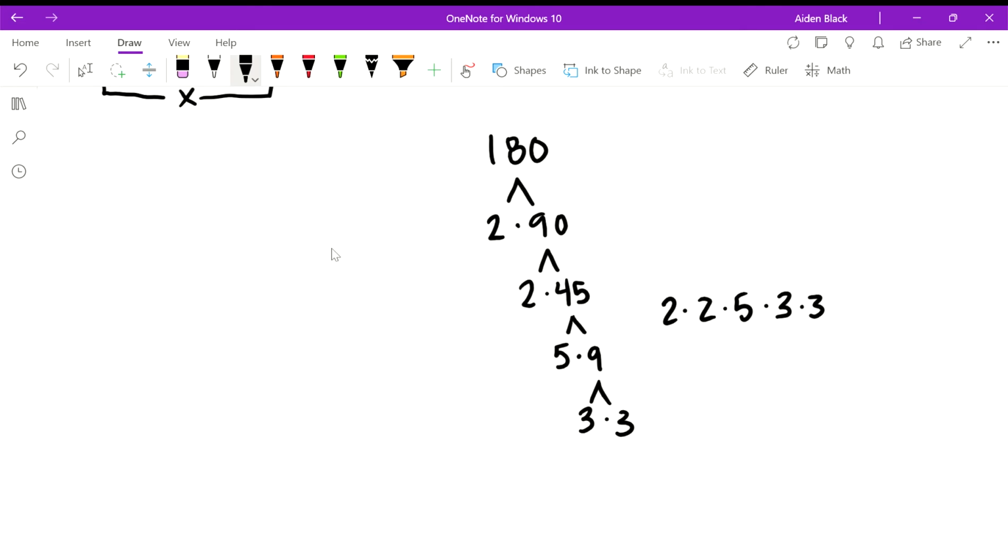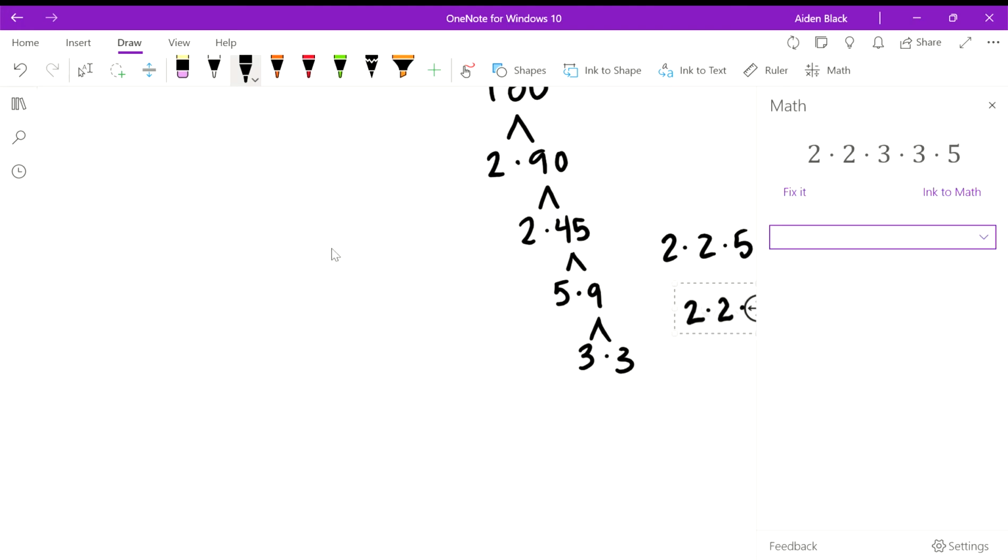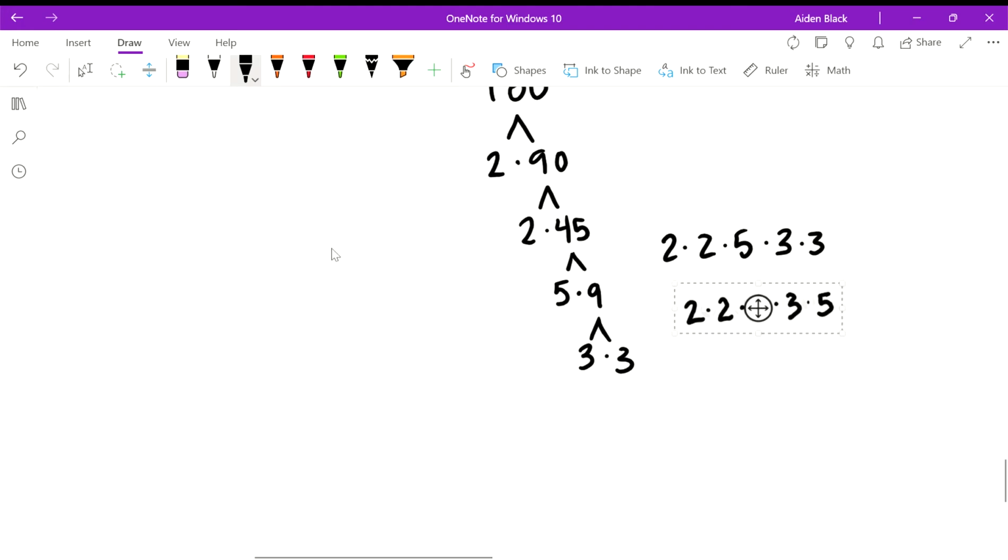Now, we can play with these a little bit. I'm going to take a guess. 2 times 2, I'm going to put them in order, times 3 times 3 times 5. Let's make sure that's good. Yep, 180. Okay, I'm going to do these outer ones, 5 times 2, which is 10.